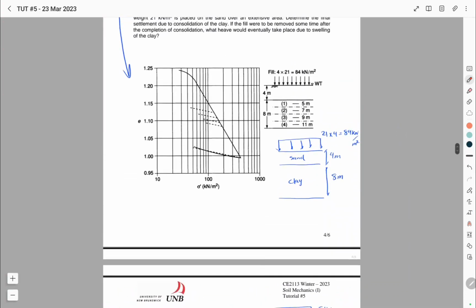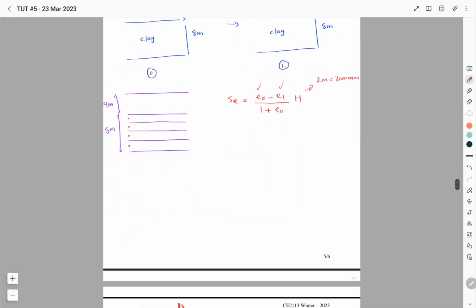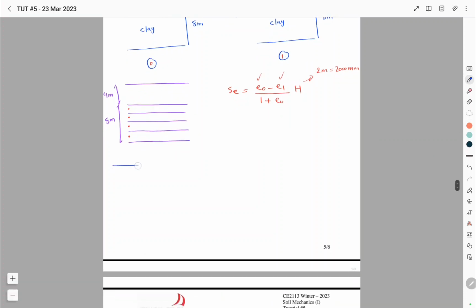And in order to determine the values of e, we can use this graph, and by having the values of effective stresses, we can determine the values of e corresponding to these points. So I'm gonna draw a table and show you what I'm gonna do. So this is layer 1, 2, 3, 4.